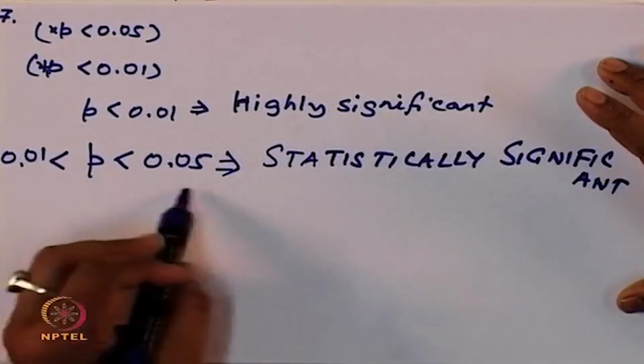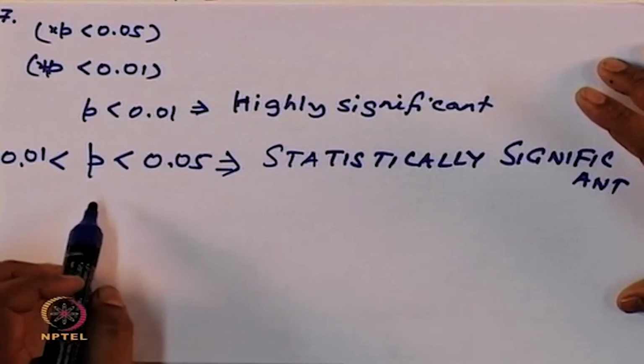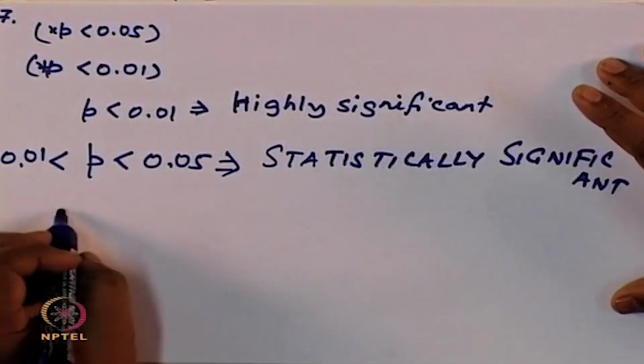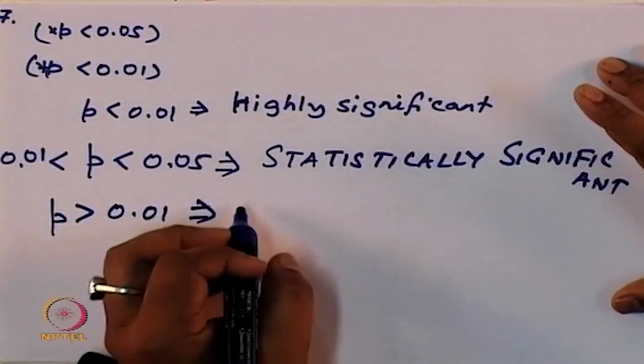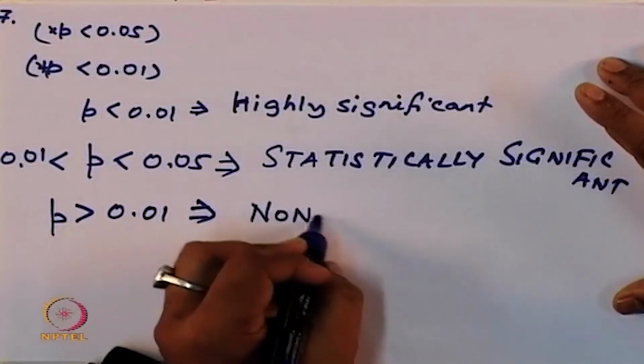If your p value lies between these two values, you say the results are statistically significant. But if your p is greater than 0.05, then your results are non-significant.